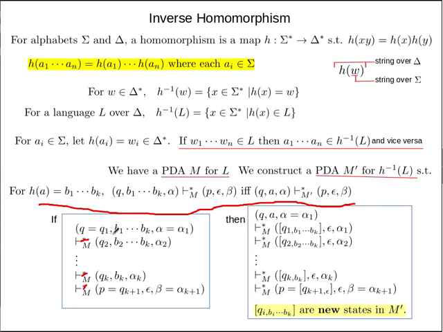And by the way, without loss of generality, you can assume that this L that we are talking about is epsilon free. We can always do that, and then later we can introduce epsilon, because epsilon is mapped to epsilon under any homomorphism. So to keep things simple, we can assume that L is epsilon free.